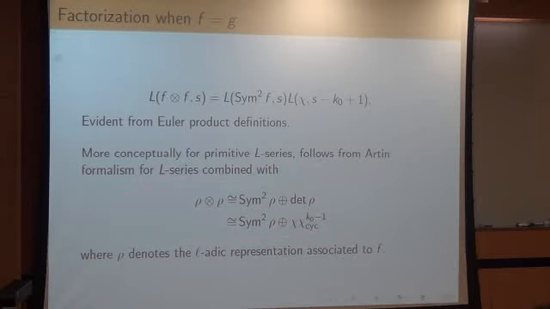If you have a two-dimensional representation, then its tensor square is the symmetric square plus the alternating square, and in the two-dimensional case the alternating square is just the determinant, which for the representation associated to f is the Nebentypus character times the cyclotomic character to the k minus 1 power. The L-series of this is just the L-series of chi shifted by k minus 1, that's this, and the L-series of this is just this L-series here. And Artin formalism tells you that the L function of a sum is the product of the L functions.